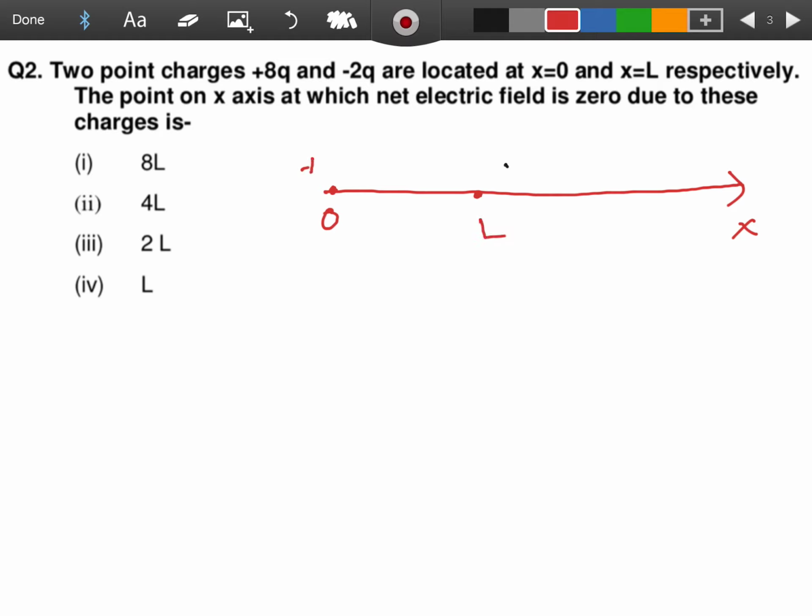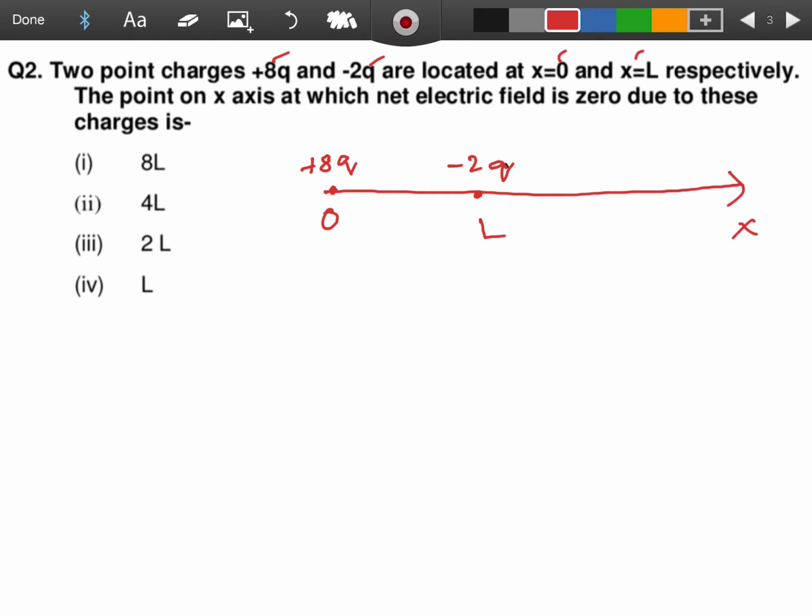Now here there is a charge plus 8q at x equals 0, and minus 2q at L distance. Now what we want is the point on the x axis at which the net electric field is 0. So let us take 3 locations.